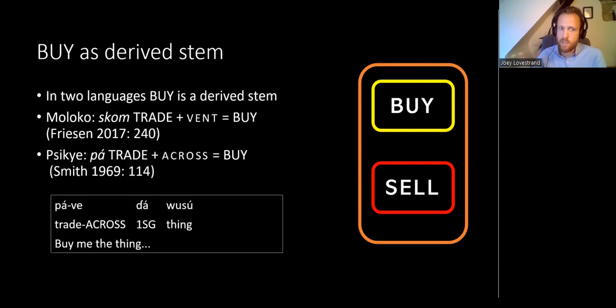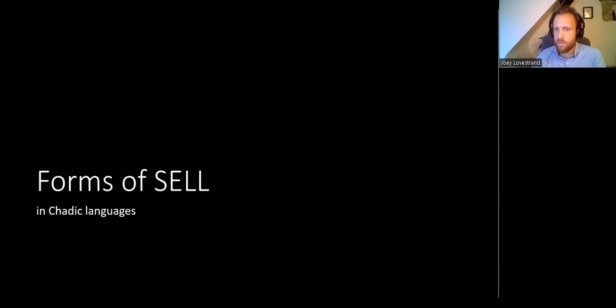The other language that has this pattern is Psikie, which has the word ba meaning trade. And if you add the suffix that's been glossed as an across, another kind of directional suffix, it also means buy in that context. So 2 different kinds of directionals are used for specifying that a word which can have a general meaning of either trade or buy means buy in particular. It's directionals that are used for that in both of these languages.